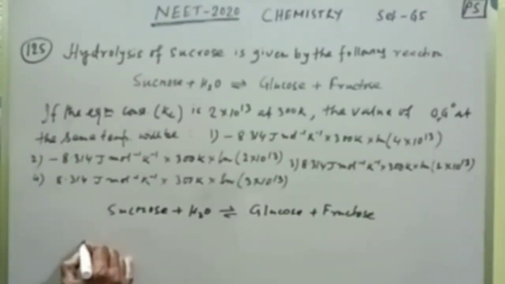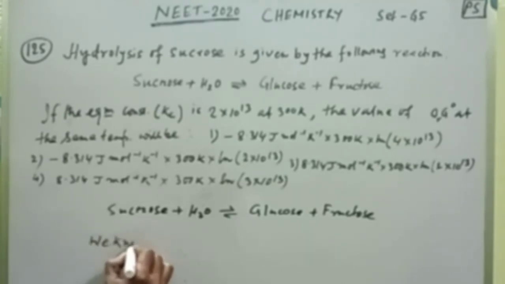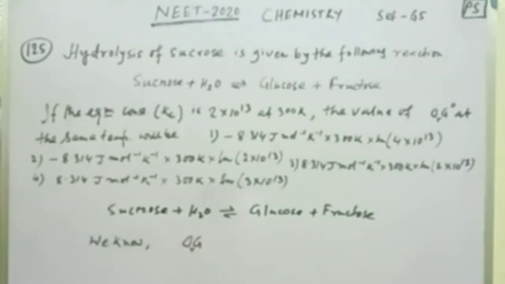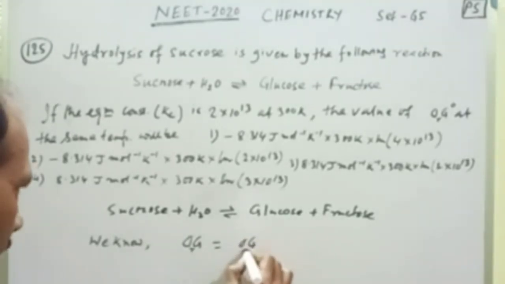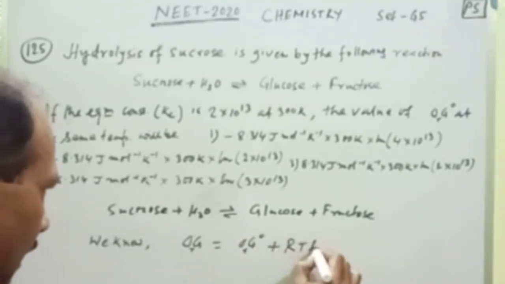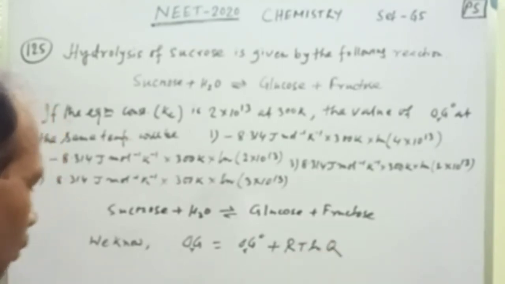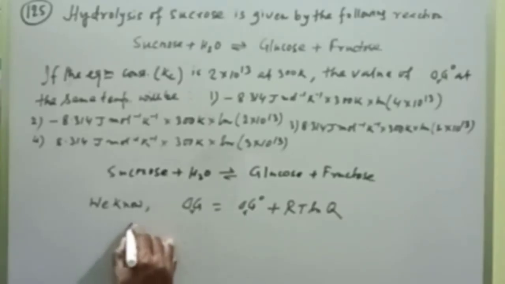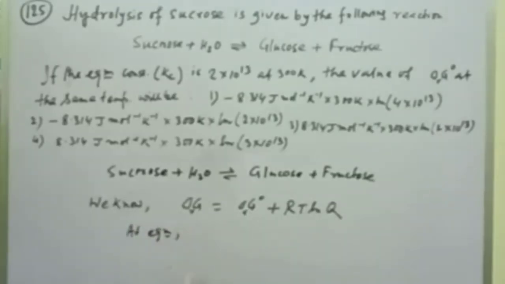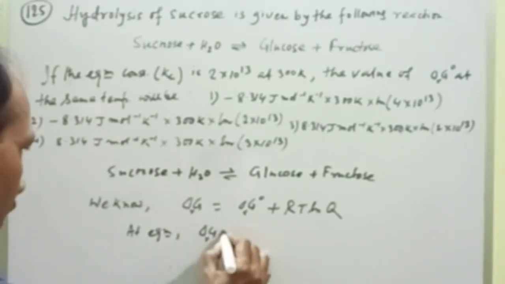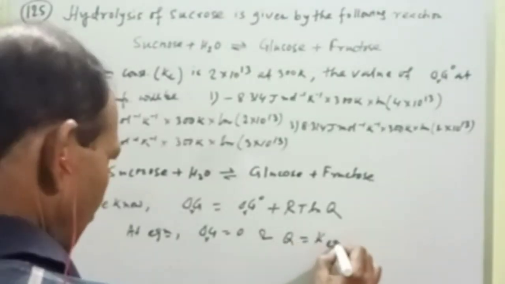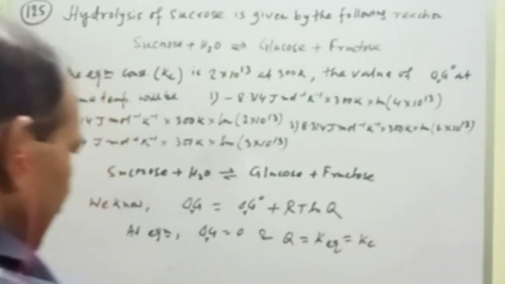We know del G reaction equals del G reaction 0 plus RT ln Q. Q means reaction quotient. At equilibrium, del G reaction equals 0 and Q equals K equilibrium, Kc. That is the equilibrium constant.